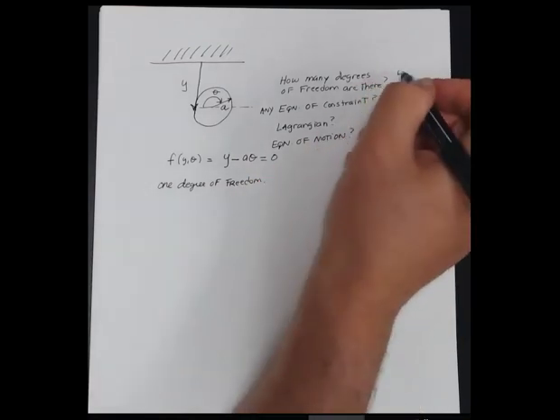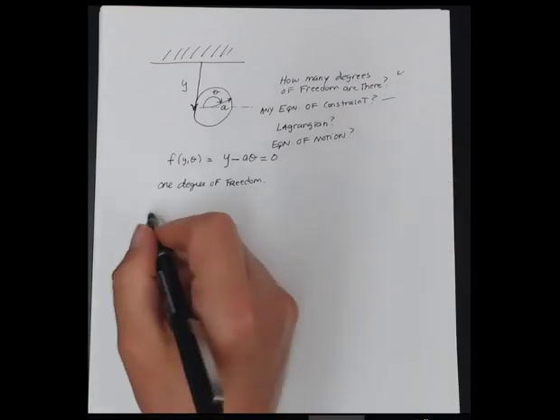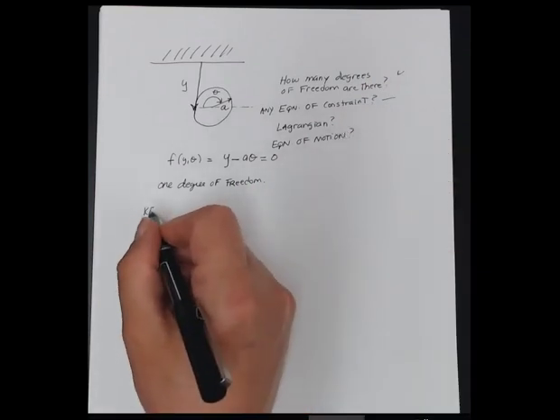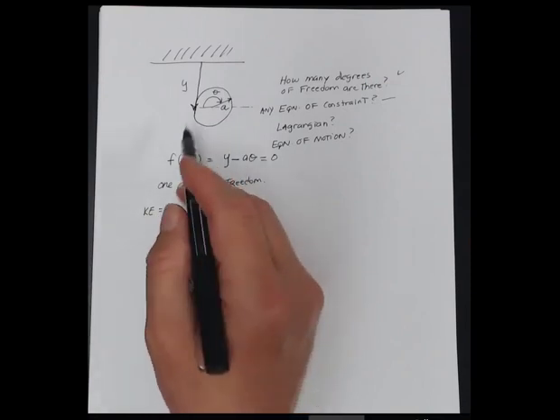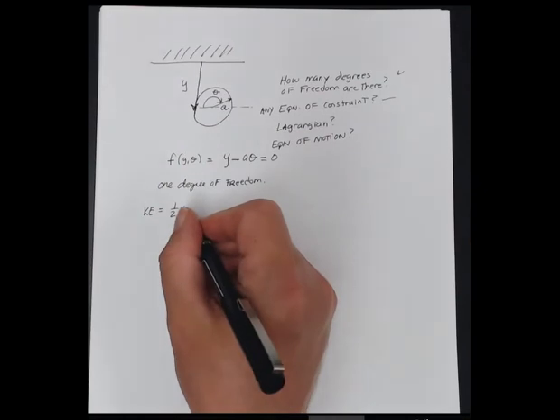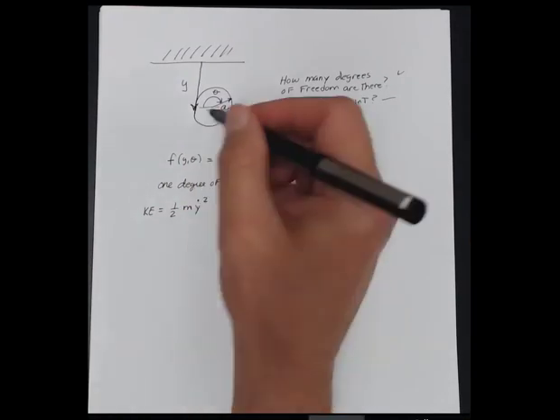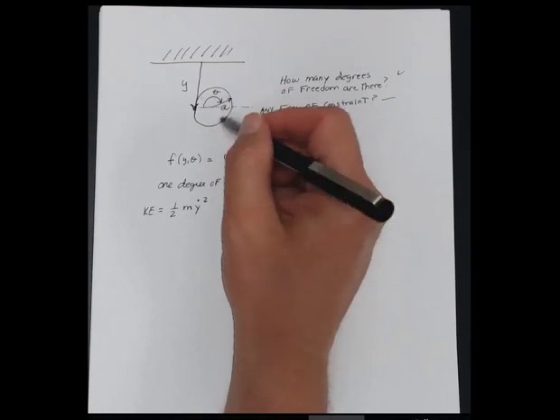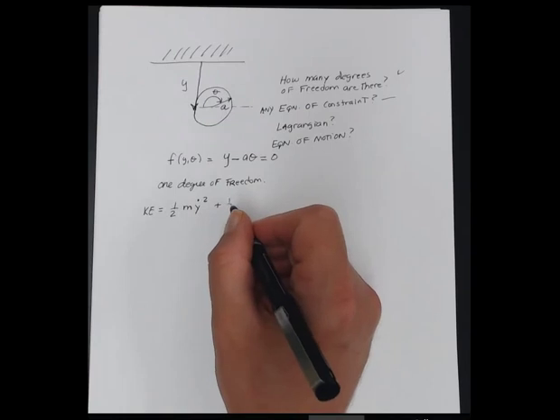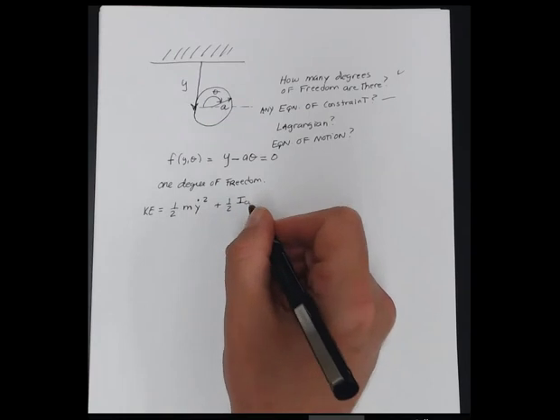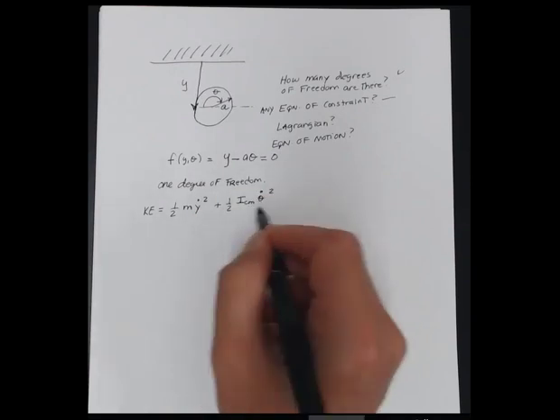So we got that. We got the equation of constraint. Let's try to write our Lagrangian. So the kinetic energy, before we had this equation of constraint, we'd have a velocity in the y direction, that'd be the center of mass moving down, but plus we have this rotational kinetic energy, so 1/2 the moment of inertia about the center of mass times theta dot squared, how fast it's rotating.